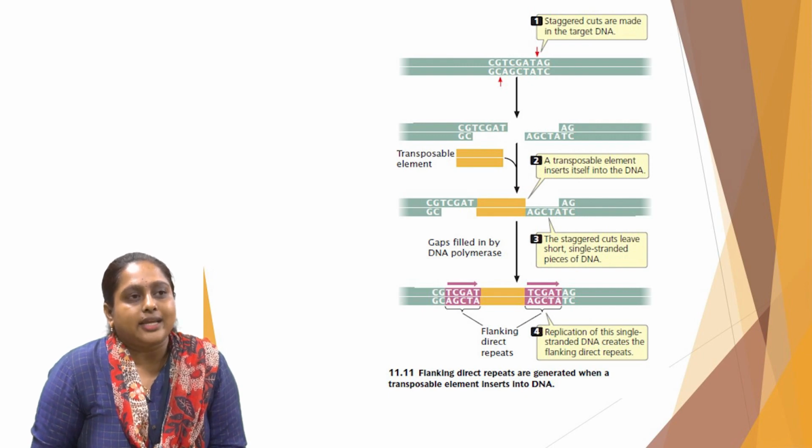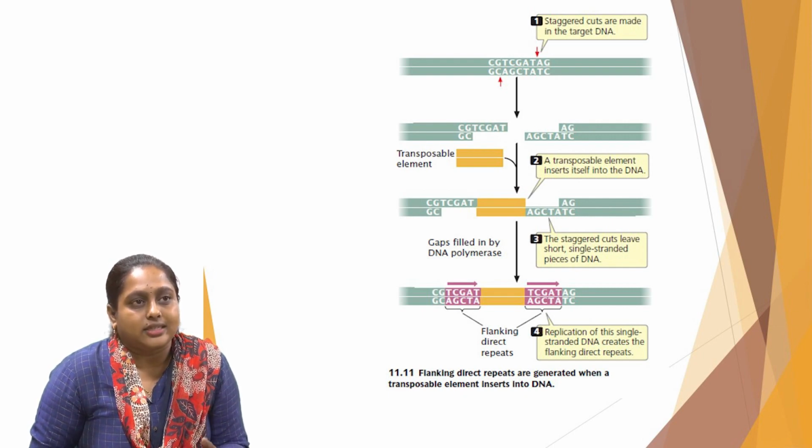You can see a double stranded DNA structure which has a nucleotide sequence. First, a restriction endonuclease enzyme cleaves a specific segment of the DNA. After cleaving, we generate staggered cuts in the target DNA.